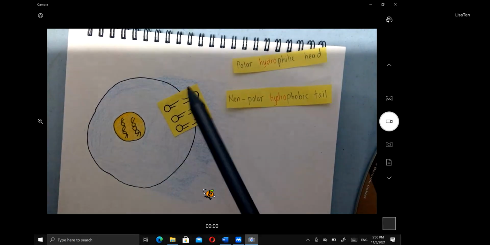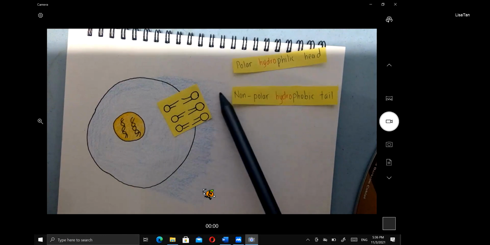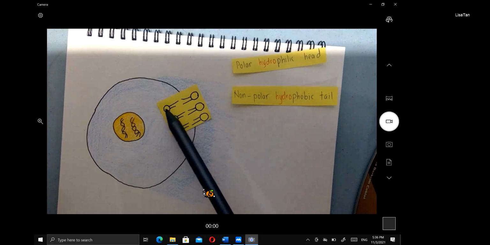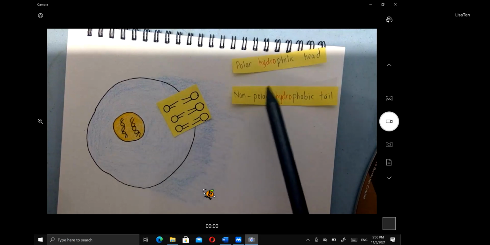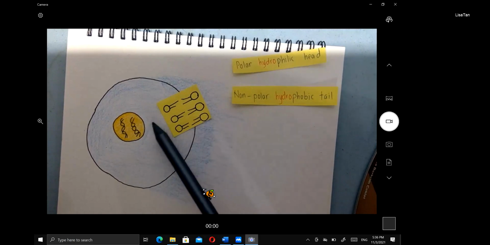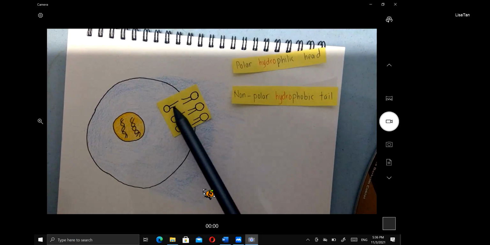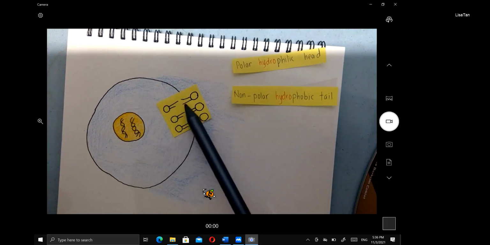You can see the heads are facing outwards, loving water, and you can see the polar hydrophilic head facing inward. Inside of the cell, there is an aqueous solution, right? Like water. And you can see the hydrophobic tails facing each other inside.